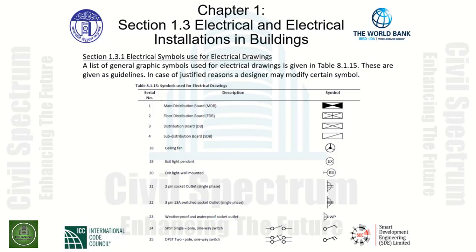The same thing with the double pole or 2-pole switch, which indicates the same type of symbols. And again, the code user will go to section 1.3.1 and locate this table for many other symbols that may be indicated on electrical drawings.